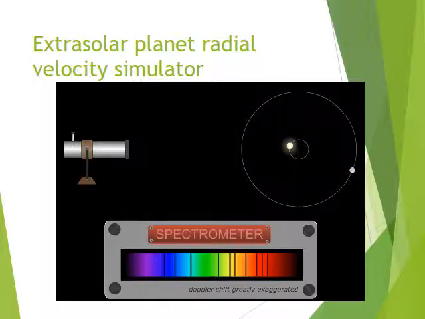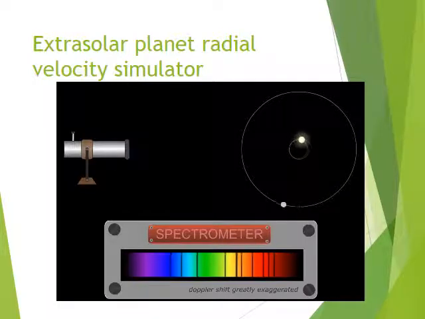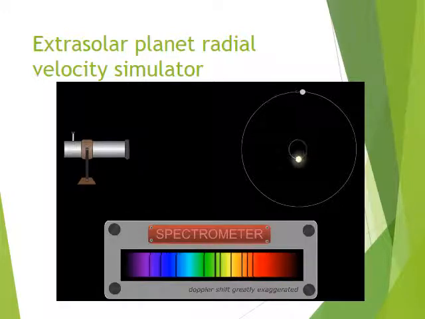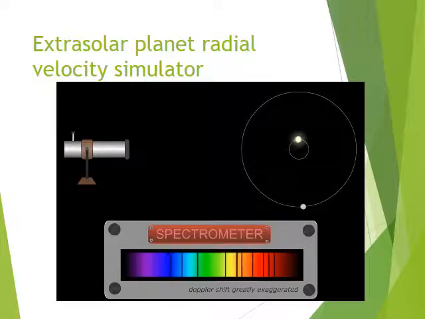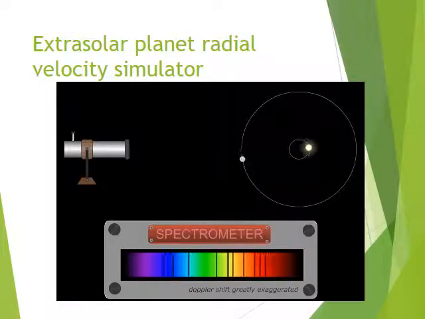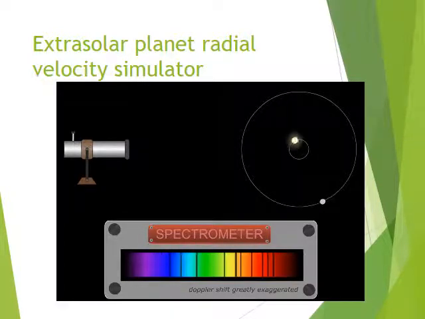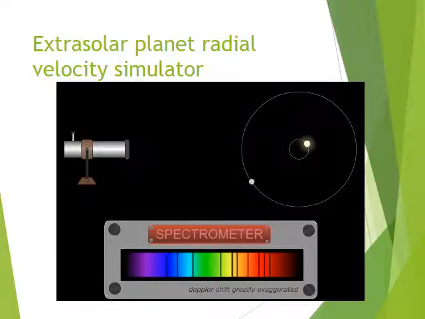And again, that is indicative of the radial velocity of the star. When the star is moving away from the telescope or from the observer, you have a red shift. The absorption lines tend to move toward longer wavelengths. As those absorption lines move toward shorter wavelengths, that means the star is moving toward you, and we call that a blue shift.